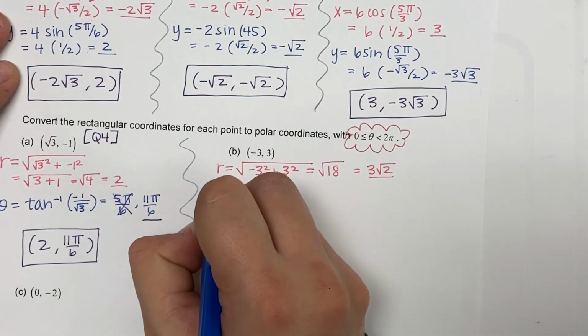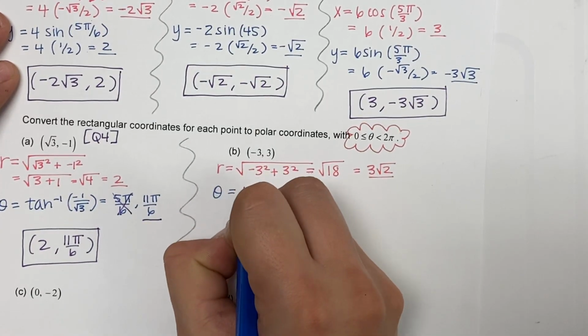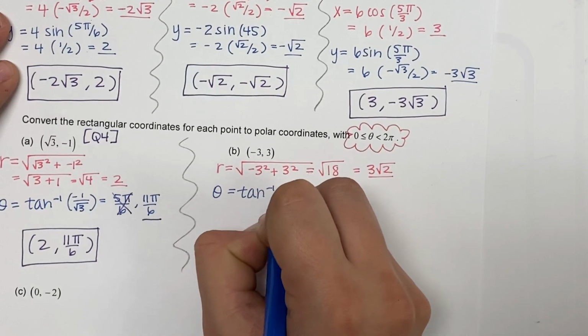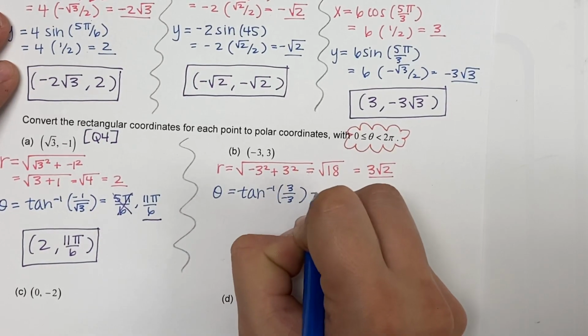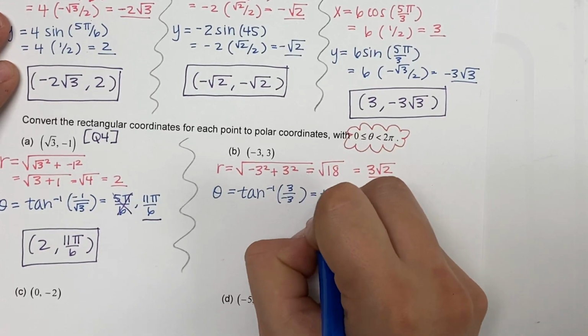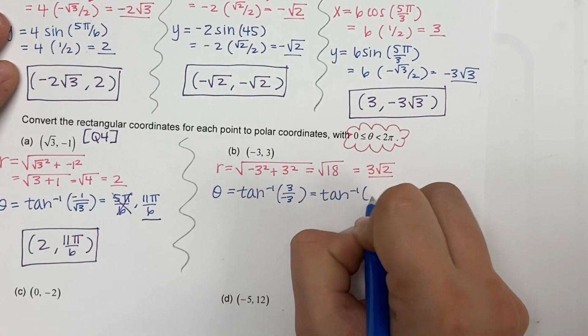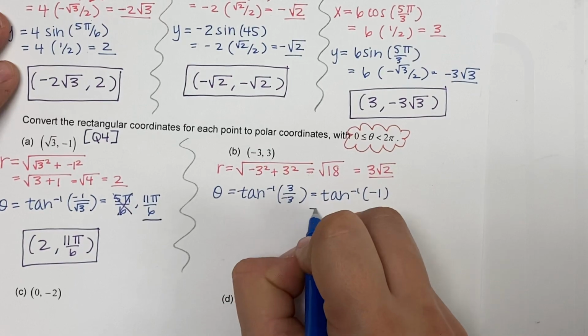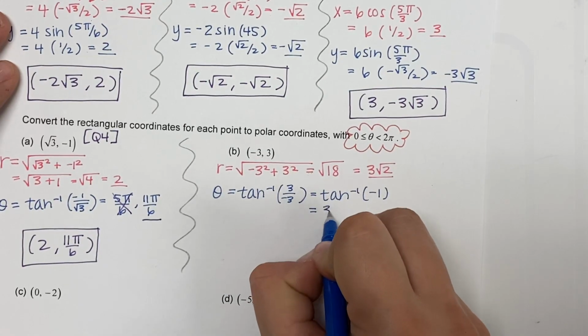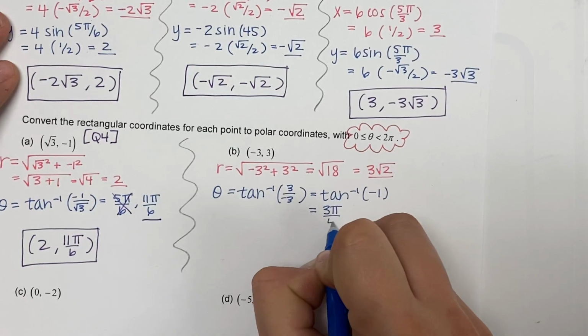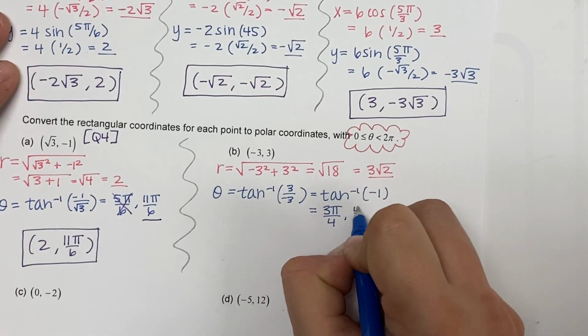Okay, sister theta, tangent inverse of 3 over negative 3. That's just tangent inverse of negative 1. So where on your unit circle is tangent negative 1? Well, that happens at 3 pi over 4 and 5 pi over 4.